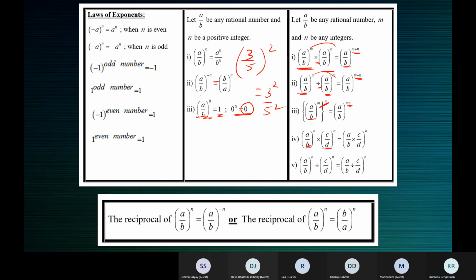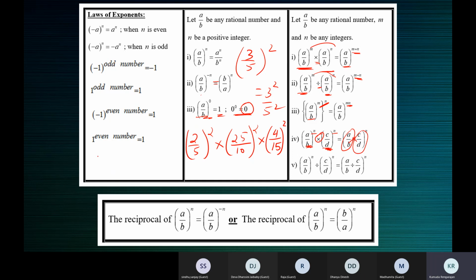Different bases raised to the same power. Here it's multiplication, so write the bases. a by b is one base, c by d is the other base. It's multiplied, so put them in the same bracket and raise it to that power n. So if you have (2/5) the whole square into (25/10) the whole square into, you can have more than 2 also, say (4/15) the whole square.